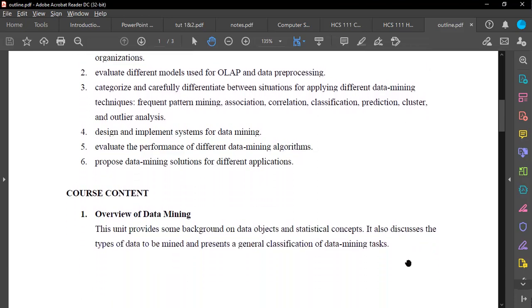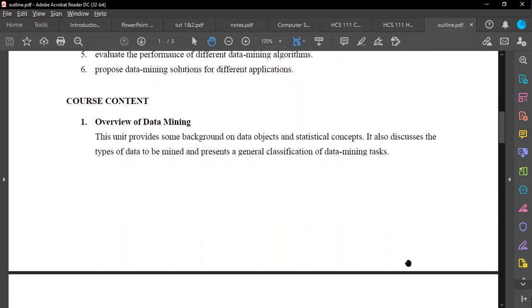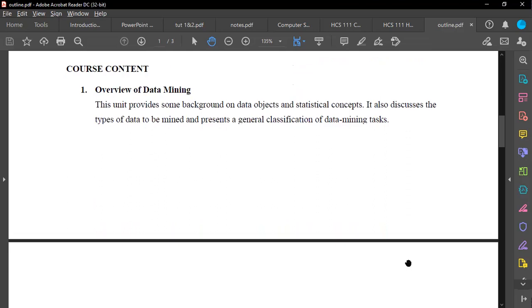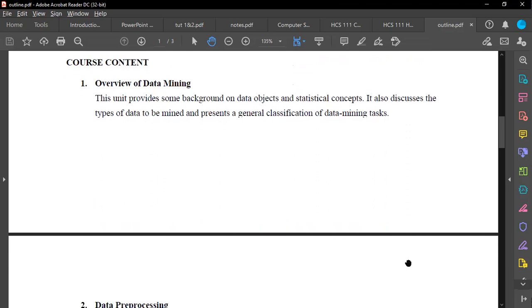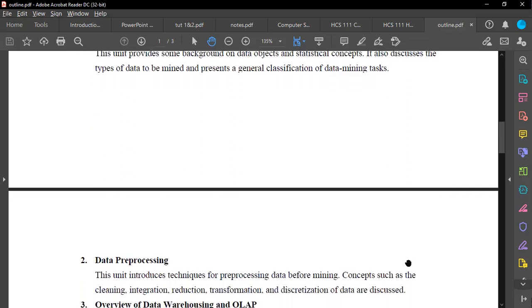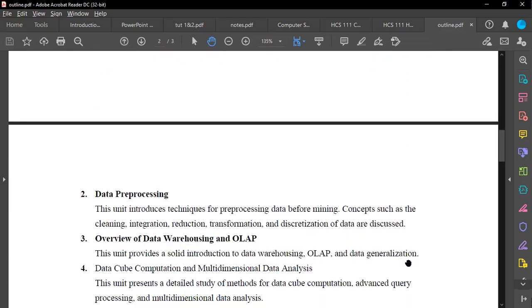So let's look at the content now of the course. This unit provides a background on data objects and statistical concepts. It also discusses the type of data to be mined and presents a general classification of data mining tasks. And then data processing.